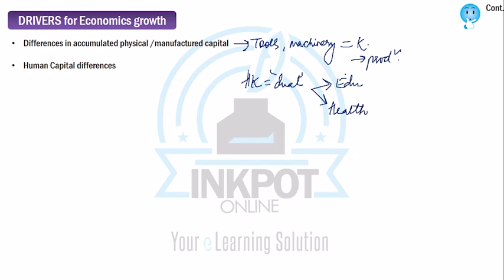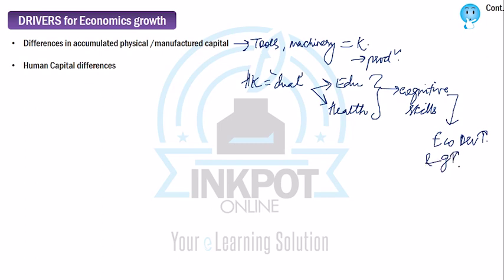Okay, now an educated individual, educated human capital, and a healthy, educated person, well, both of these would lead to cognitive skills being better and more advanced, and hence the result is economic development, isn't it? Of course, the growth also. So this was one perspective.